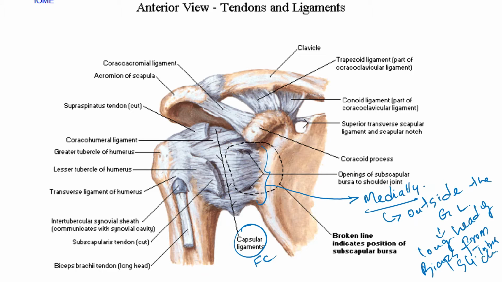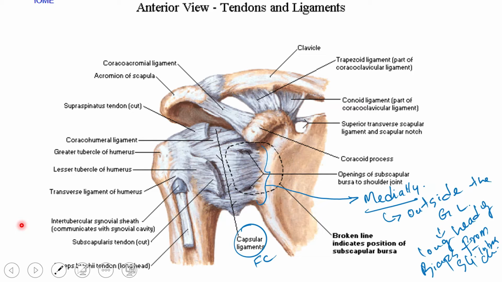So the attachment of the fibrous capsule medially is over the margins of the glenoid cavity outside the glenoid labrum, and this attachment includes the origin of the long head of the biceps from the supraglenoid tubercle of the scapula. So this is the attachment of the fibrous capsule along the medial side.